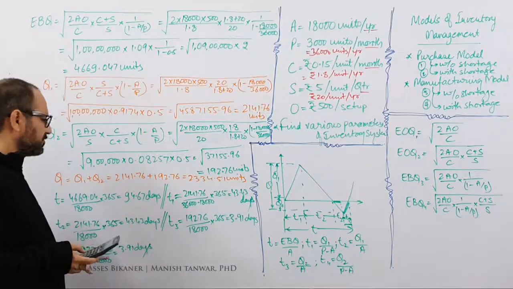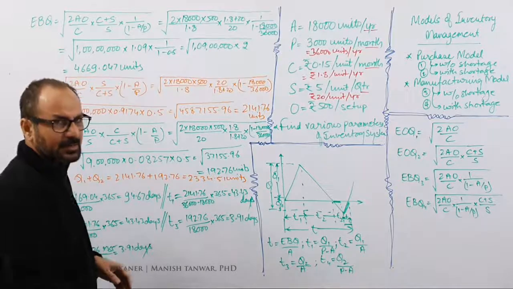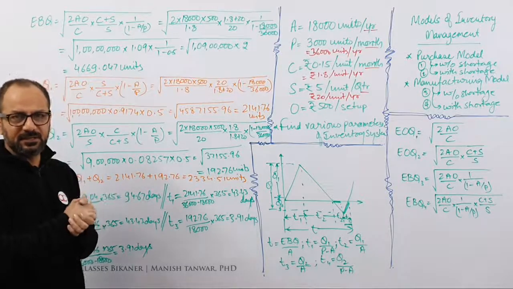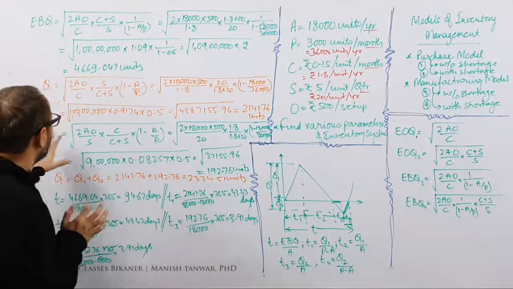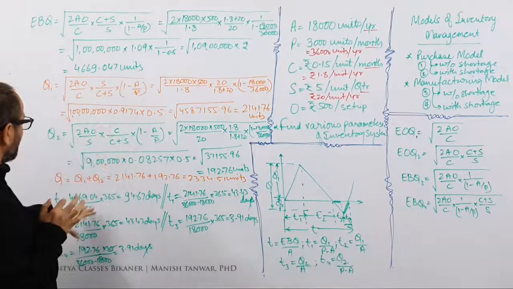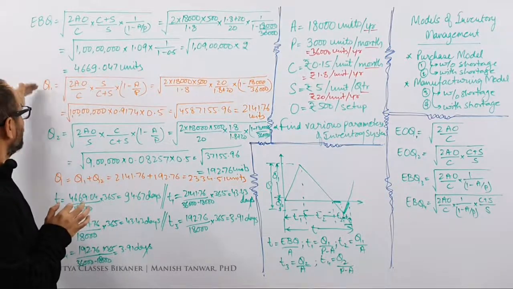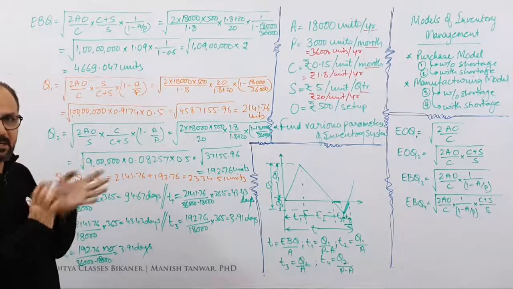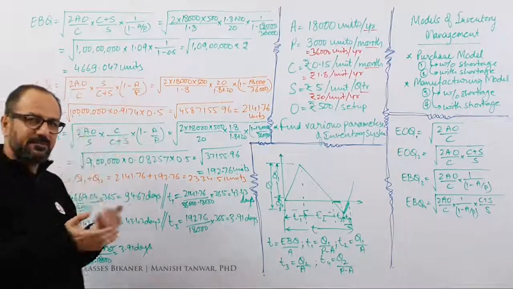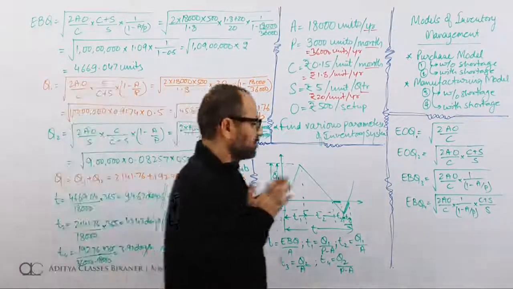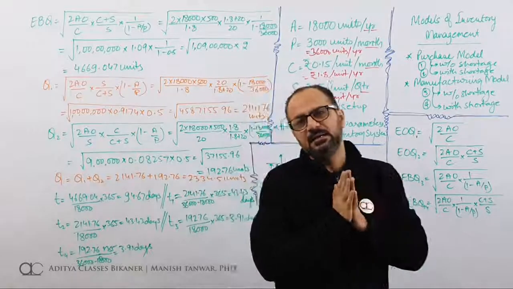So yes, T1, T2, T3, T4 are in perfect condition because they all are tied to each other. All T's are tied to EBQ, Q1, Q2, everything is tied to one another. And if all are making perfect sense, then we are in good shape. Then our calculations are correct.